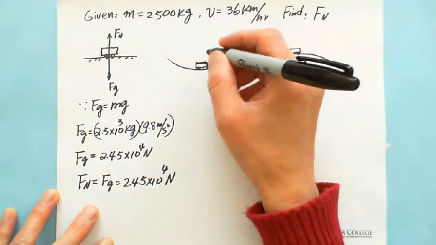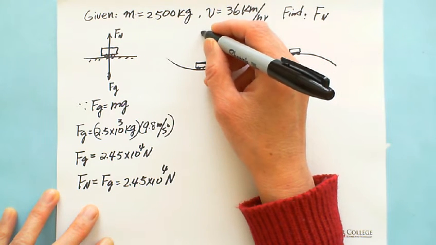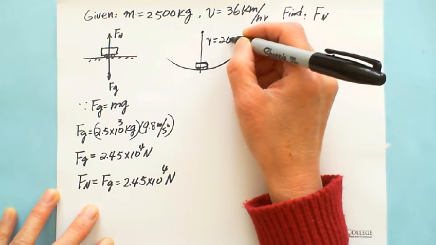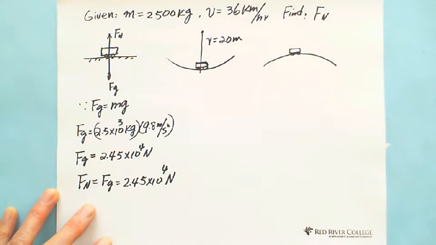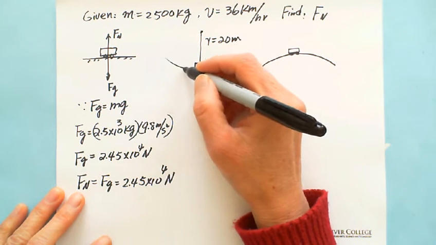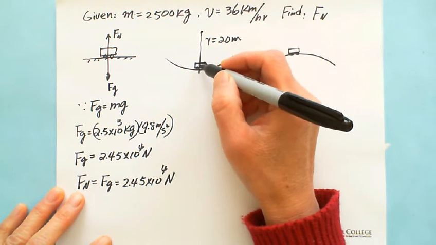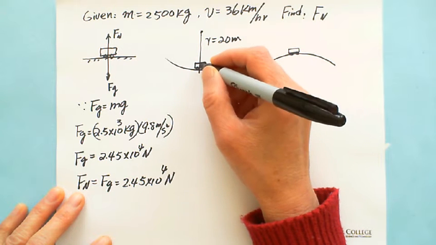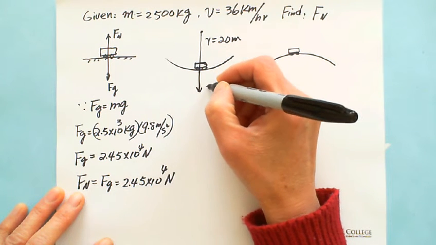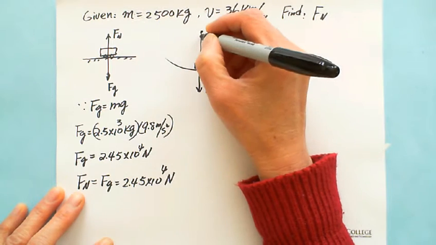The radius given in this situation is 20 meters. So what is the normal force in this situation? When you're driving at the bottom, the free body diagram has gravity and the normal force.